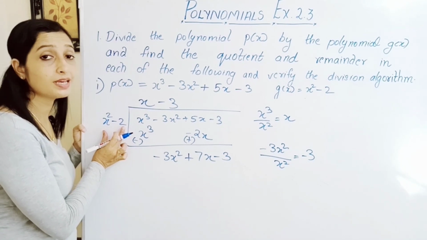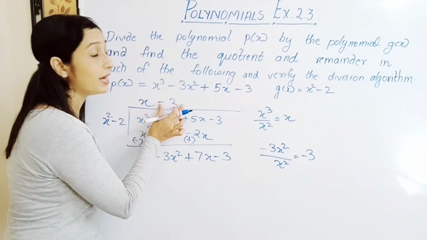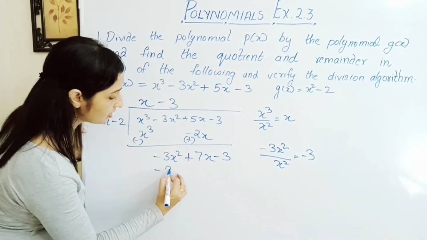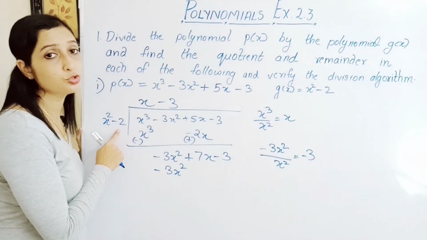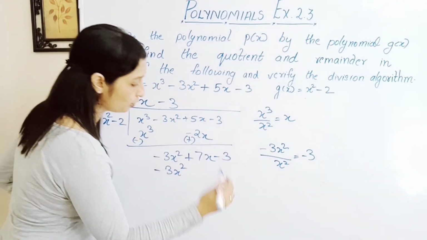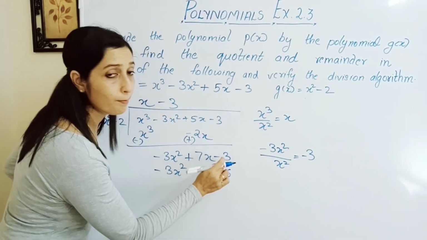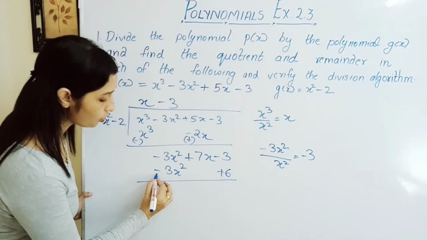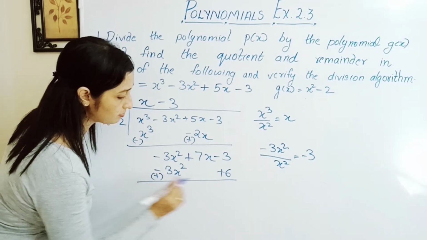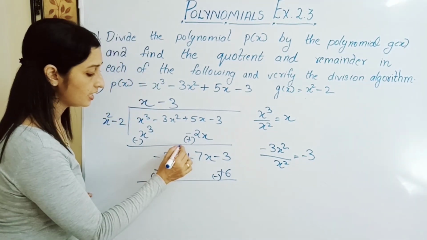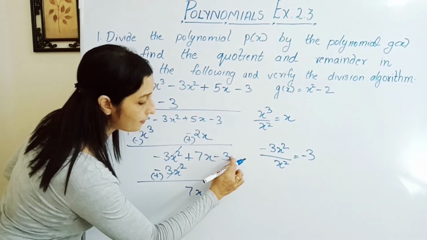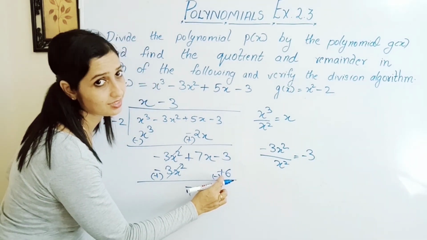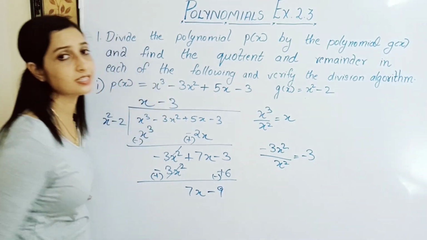Now, when you multiply x square minus 2 by minus 3, you get minus 3x square plus 6. Now, where do you write this plus 6? Below minus 3. Next is to reverse the sign. So this becomes plus, this becomes minus, this gets cancelled. What is remaining? 7x minus 3 minus 6, that is minus 9.